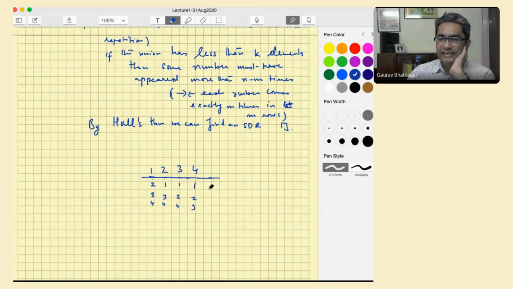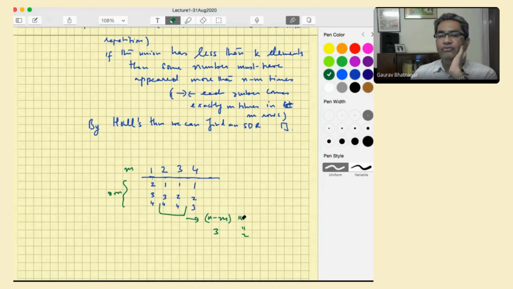So what he's saying is that if you take any of these, then the total number will be n minus m times k. So this is m, this is n minus m. That means these are two rows: k is 2, n minus m is 3. So counting repetition, overall there are going to be about 6 candidates.